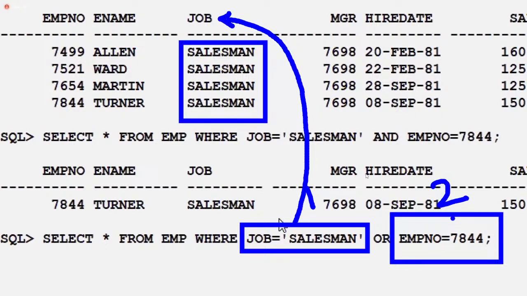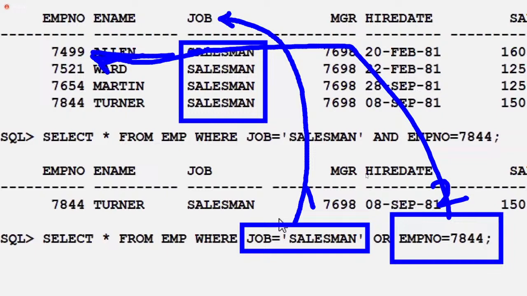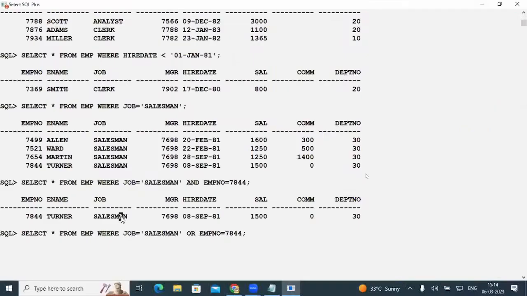This condition will go and check the EMP number condition. Now EMP number, what is there now? 7844. So this is also there. What happens, you can see.